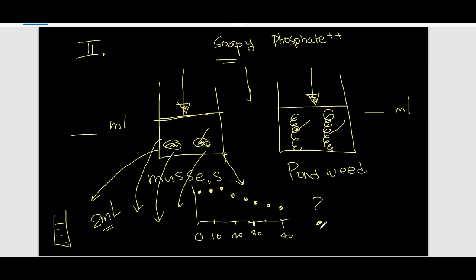So let's try this experiment, and then we can discuss how to interpret this data and how to find out the exact concentration of the phosphate in this artificial system.